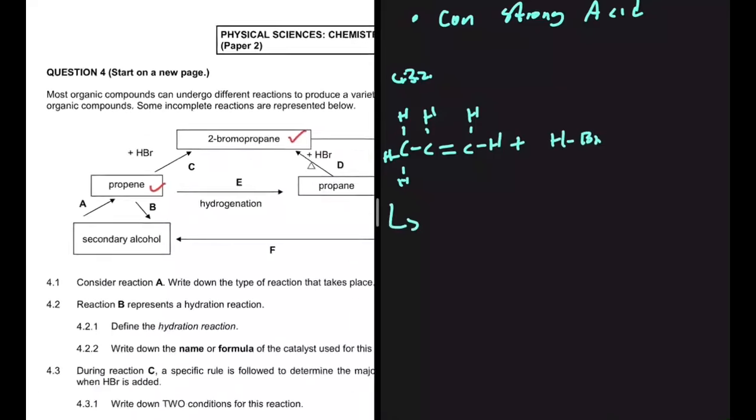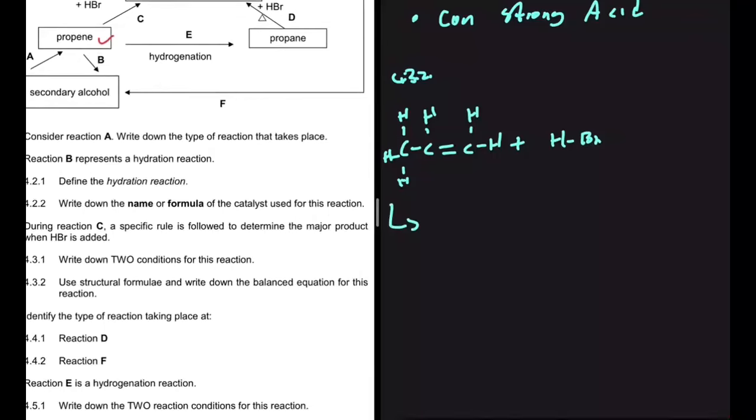If you look back to the equation statement, it says that during reaction C, a specific rule is followed to determine the major product when HBr is added. So now you actually have to know that rule in order to answer this question.